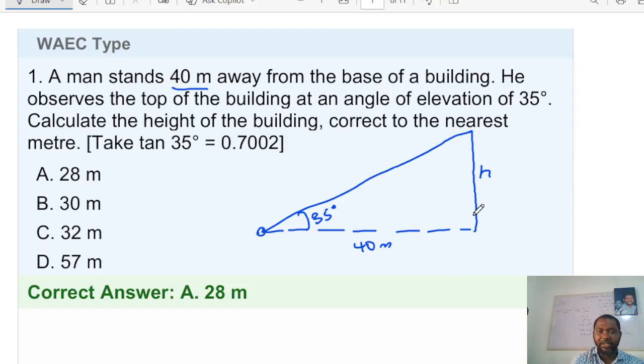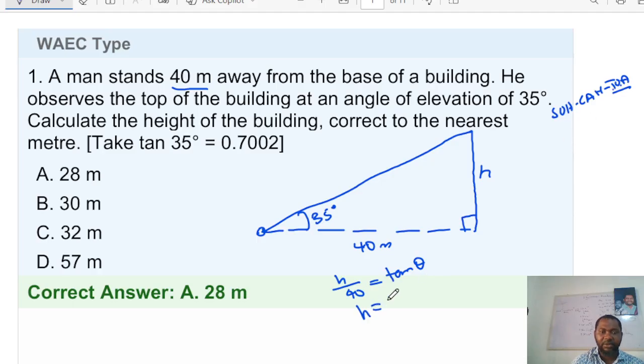So if you notice, like I said, this forms a right angle triangle. So we usually use the SOHCAHTOA principle to solve this. So H is opposite, 40 is adjacent. Okay, so I can say H over 40 is equal to tan theta, because opposite over adjacent is tan, that's TOA. Tan is opposite over adjacent, you see that?